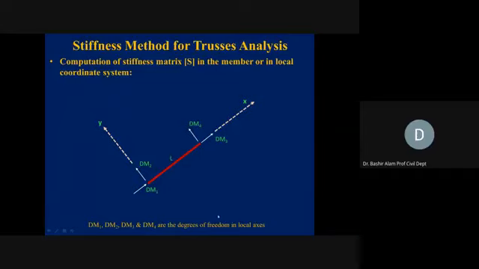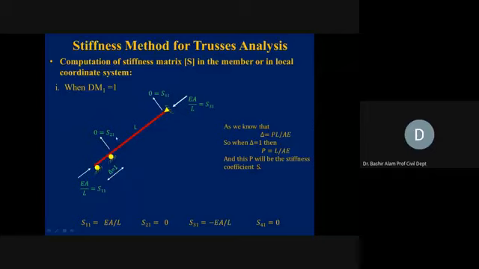Let's discuss how we generate this first, and then we will generate the stiffness matrix in the global coordinate system. Turn by turn, we will start: DM1 equal to 1, then DM2 equal to 1, then DM3 equal to 1, and then DM4 equal to 1. Here, DM1 equal to 1 is shown.